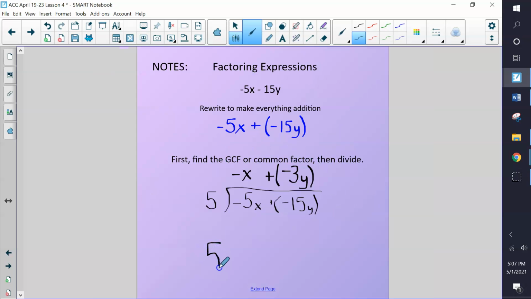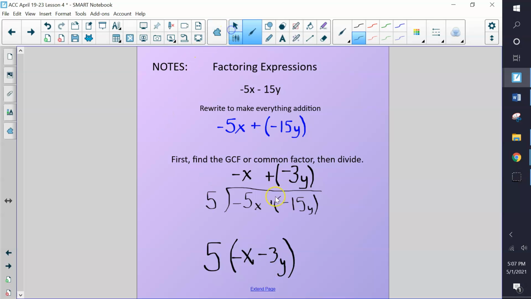We have 5 as one of the factors, and then inside parentheses we have negative x, and we have plus a negative 3y. And I don't like to have two symbols next to each other. Now this is legitimate, it's okay, but it's a little cleaner if we say it's minus a positive 3y. That way we don't have two symbols, which is a little more confusing.